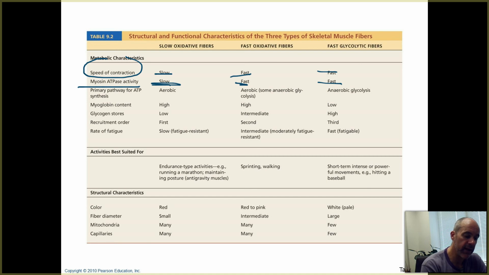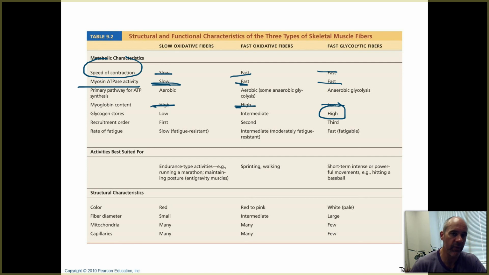Myoglobin content, again, in your slow oxidative and fast oxidative, it's high. Fast glycolytic, it's low. Glycogen stores, remember glycogen is a storage depot. It's a polysaccharide that's built by linking glucoses together. Glucoses are sources of energy. And notice that your fast glycolytic fibers tend to have higher levels of glycogen around than the other two types.